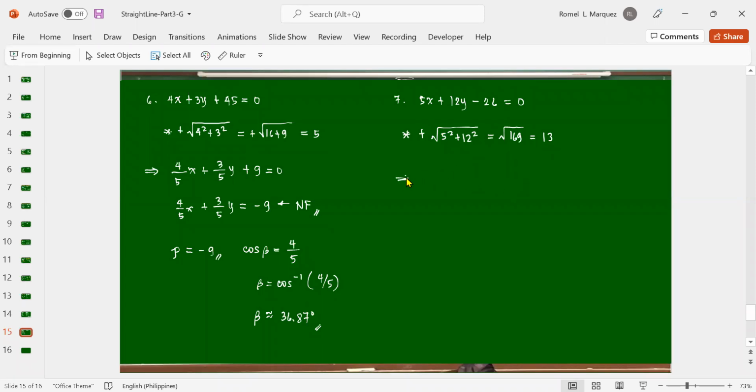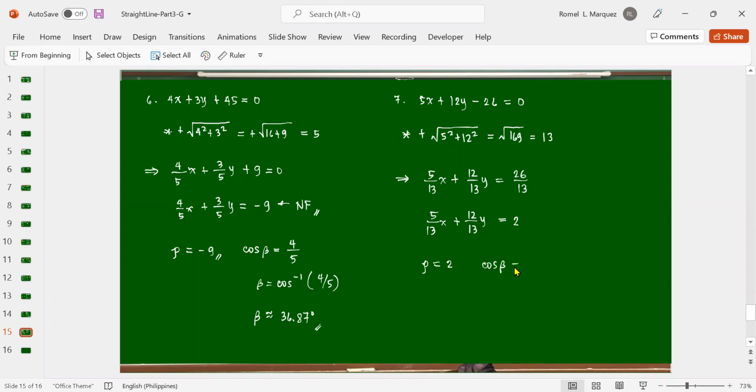So therefore, we have 5 over 13x plus 12 over 13y is equal to 26 over 13. So 5 over 13x plus 12 over 13y is equal to 2. Okay? So it means P here is positive 2. The line is above the x-axis.